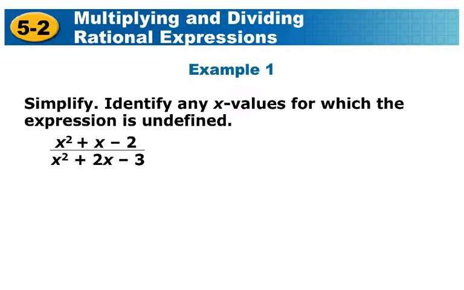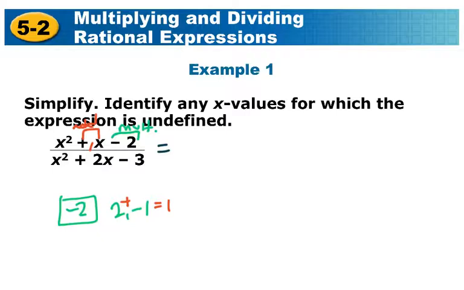So the first thing we're going to do is rewrite these as their factored versions. You're trying to find what multiplies to be -2, but at the same time adds to be 1. So two numbers that multiply to be -2 and add to be 1 are +2 and -1.